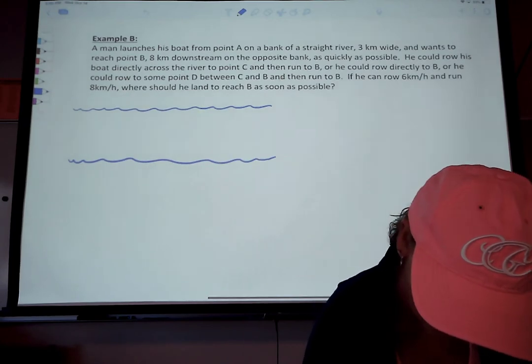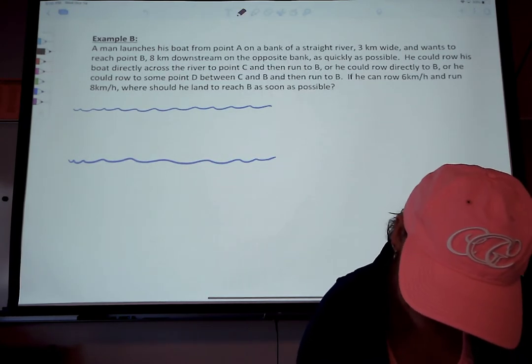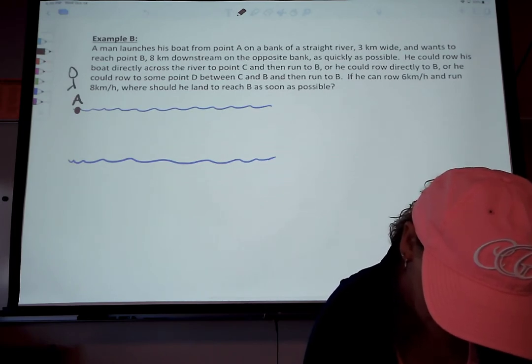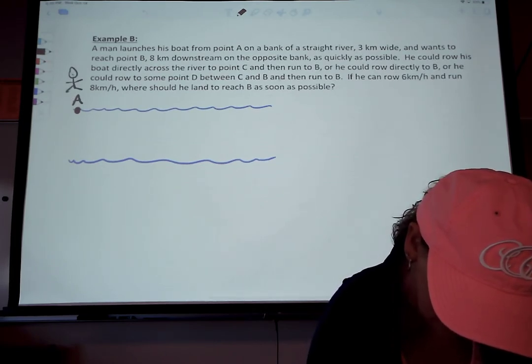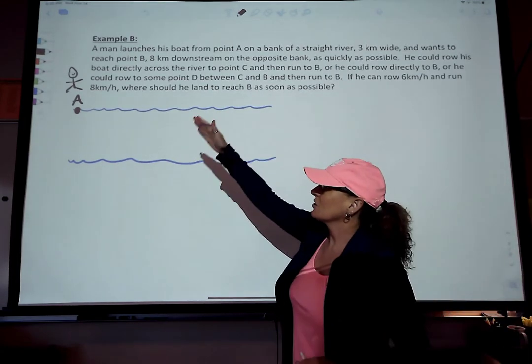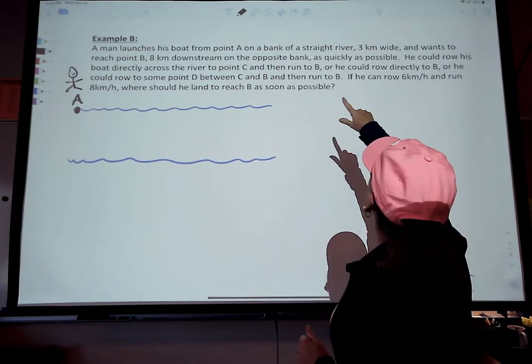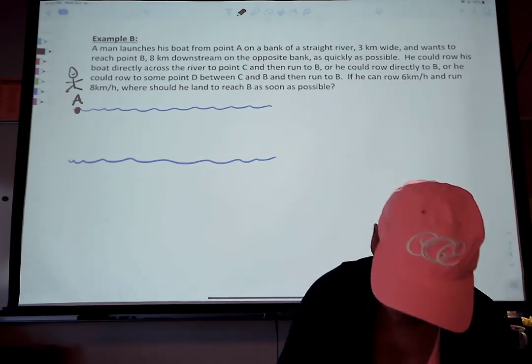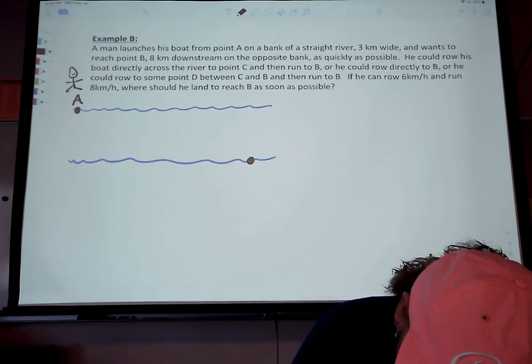There's the river, and I got this man standing at point A. He needs to get across the river and down the river to reach point B. So we'll put B down here.